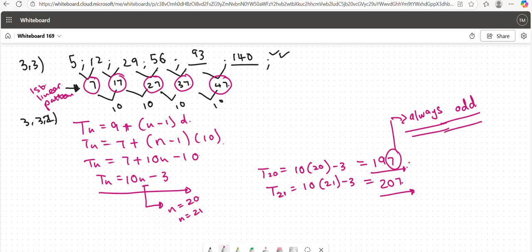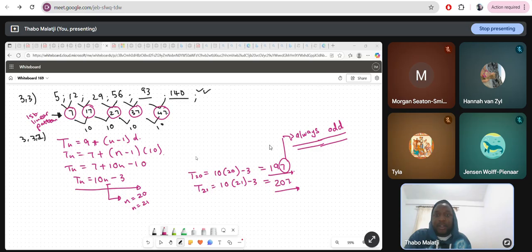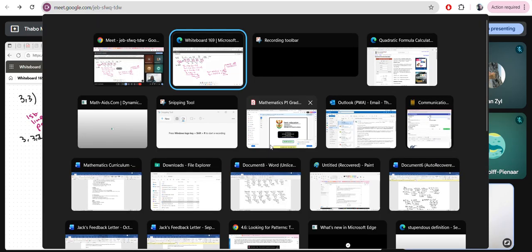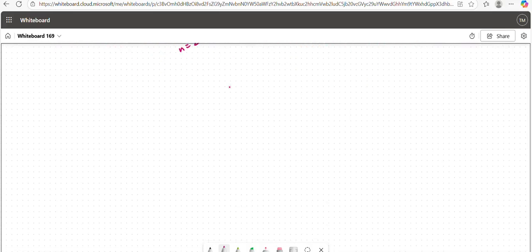I hope that you guys are hearing what I'm saying. You can take any n values and compare those, and you will see it will always be an odd pattern.